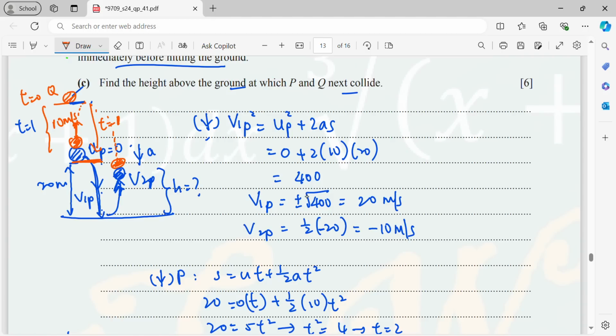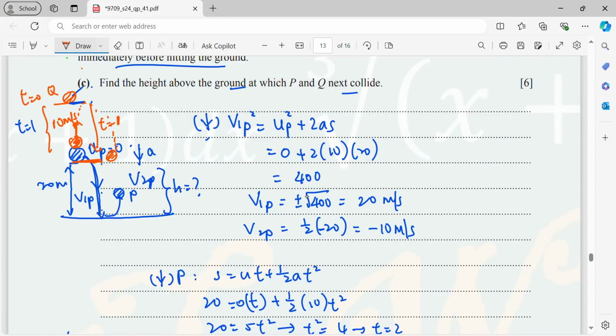when the P bounces back, it will collide with the Q. So probably my P is here. So when it bounces, probably it is here. This is my P. Then my Q will be here at 2 seconds.